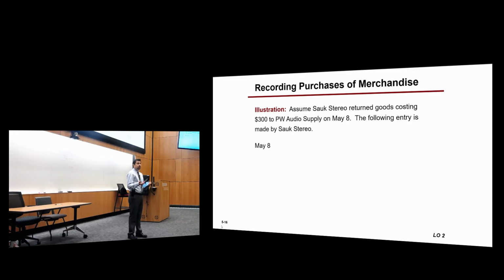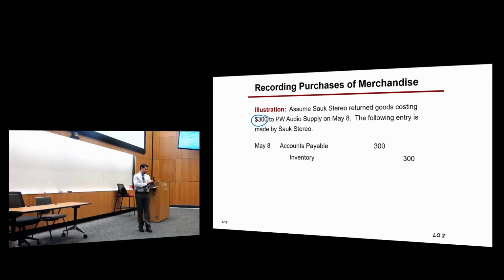20 TVs, right? In this case, the stereo company returned goods for $300. So what happens in this case? The value of their inventory decreased, but at the same time, what they owed to their vendor has also decreased.